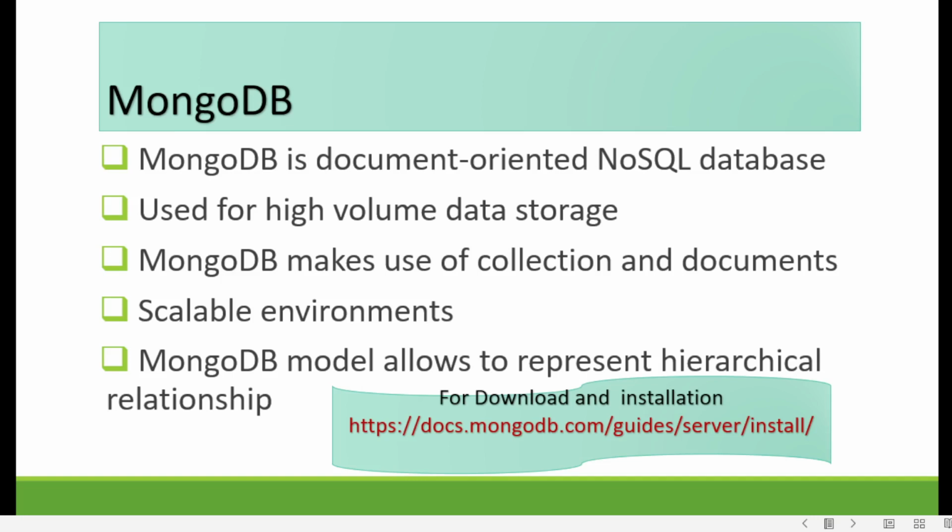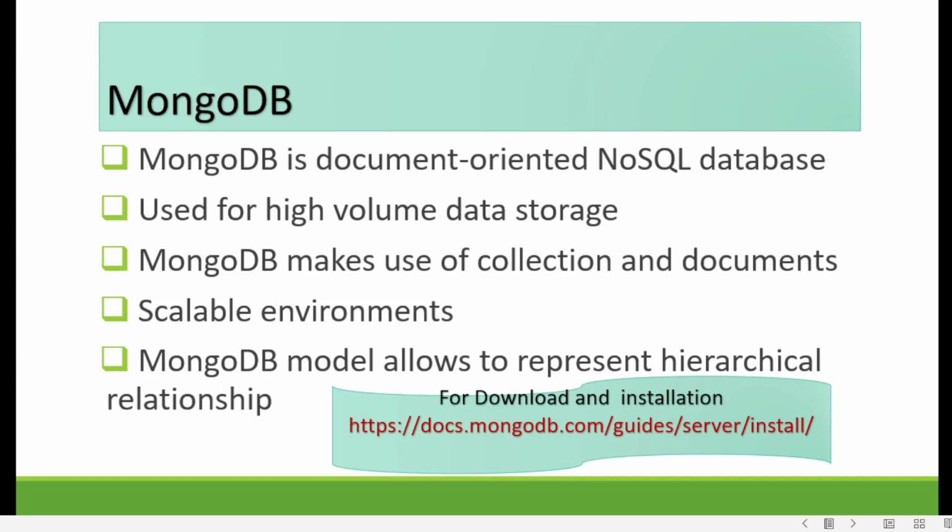It provides high performance. Select queries are also faster, and it is very scalable. Companies across the world have defined clusters with millions of documents in the database. It uses a tree-like structure to model large hierarchical or nested data relationships. The MongoDB model allows us to represent hierarchical relationships.